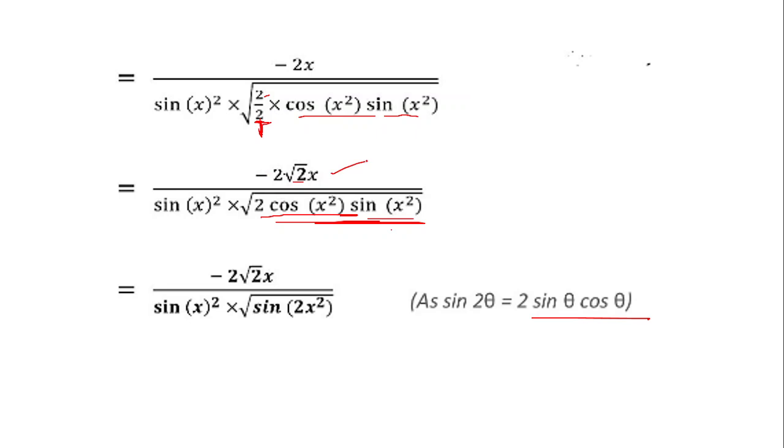Don't get confused, nothing is there. So I am making it into 2 cos theta into sin theta, which is nothing but sin 2 theta. So minus 2 root 2 into x by sine of x square as it is, and instead of 2 cos theta sin theta, we write sine of 2 theta, so sine of 2 into x square. Clear?